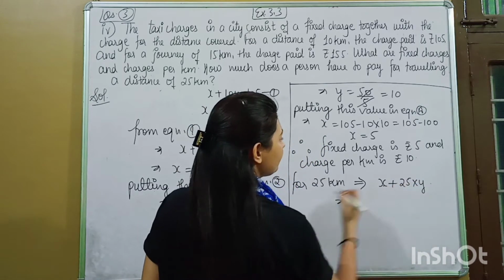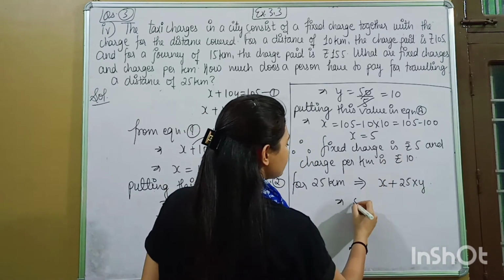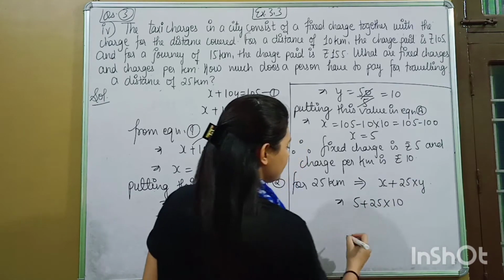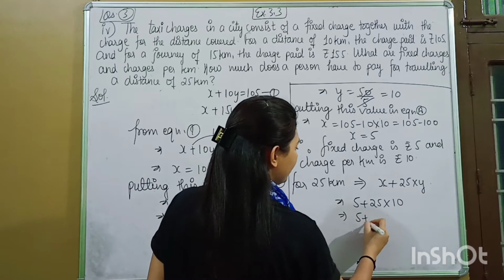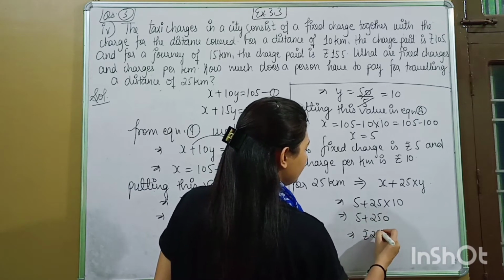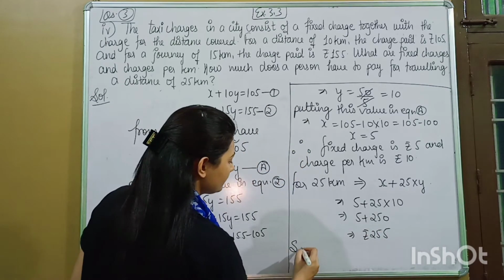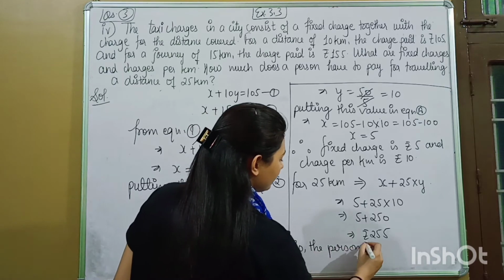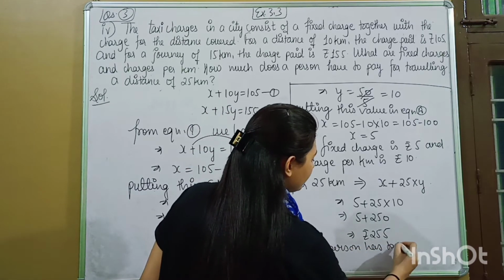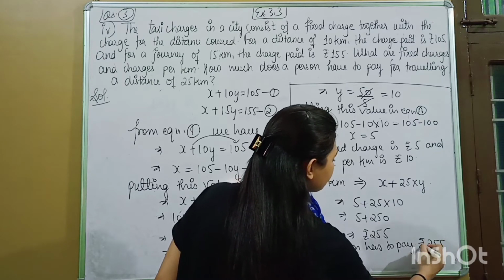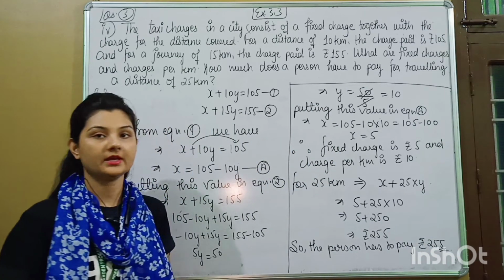Now putting the value of x and y here, the value of x is 5 plus 25 into the value of y, which is 10, that is 5 plus 250, so that is rupees 255. So the person has to pay rupees 255 and this is the answer of the second part.